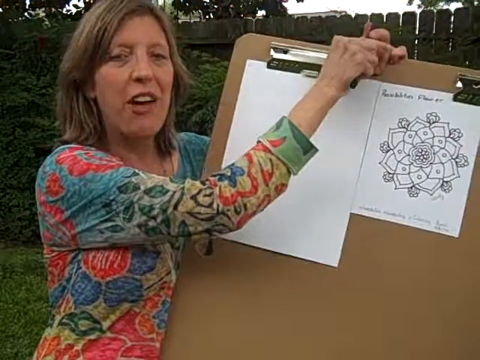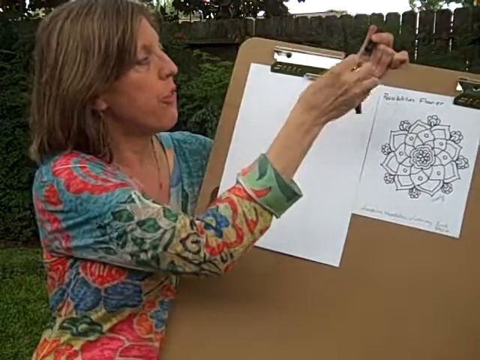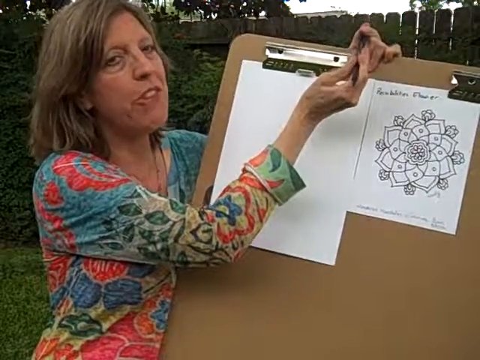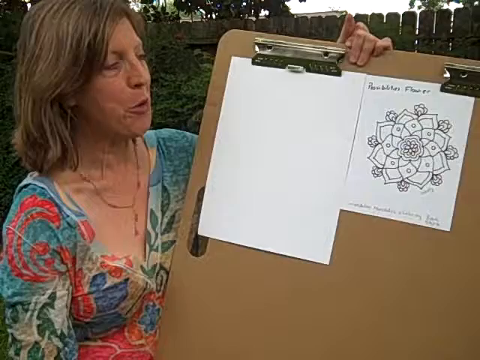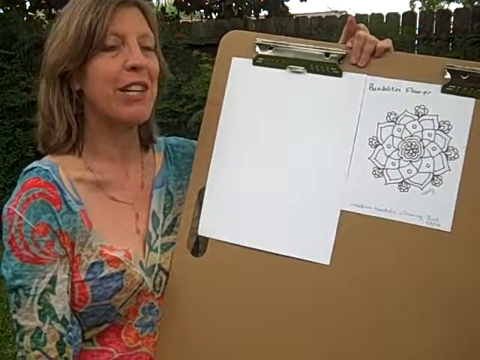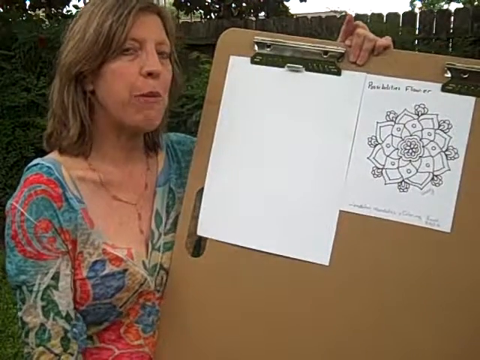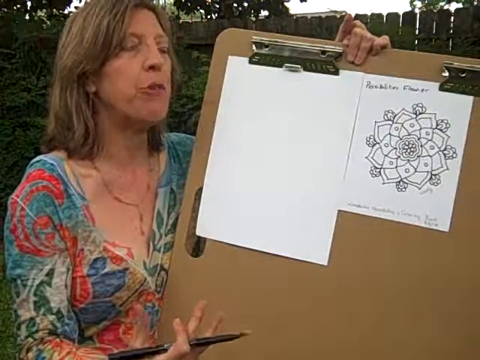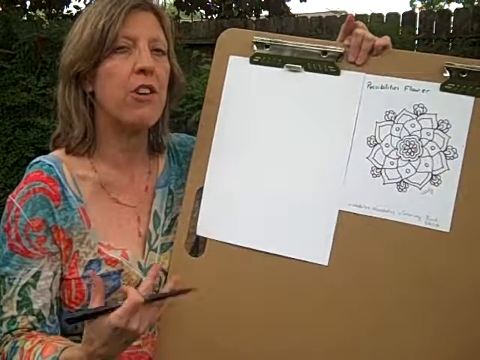Okay, so the next mandala that we're going to draw today is called the Possibilities Flower. So imagine what that would be if you were using this mandala to meditate on your life.